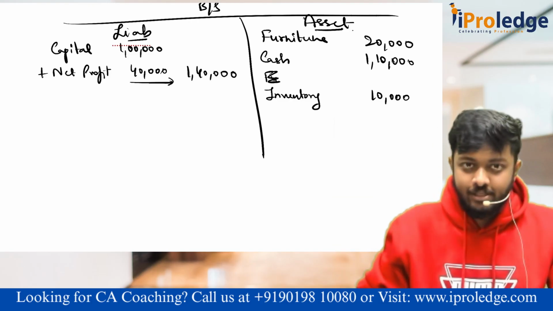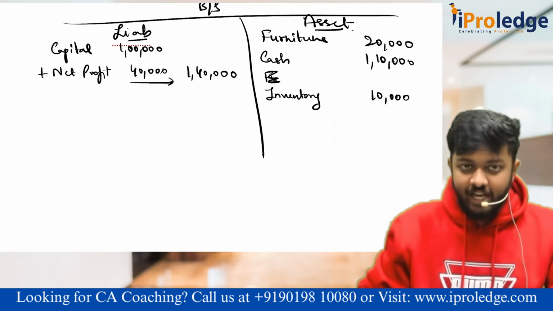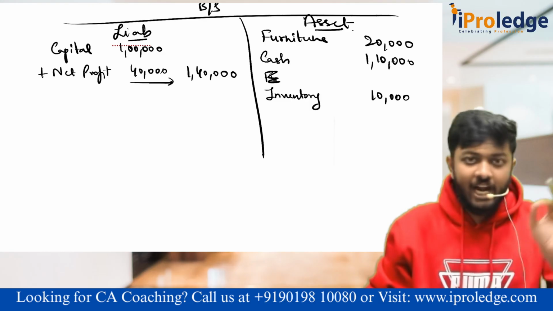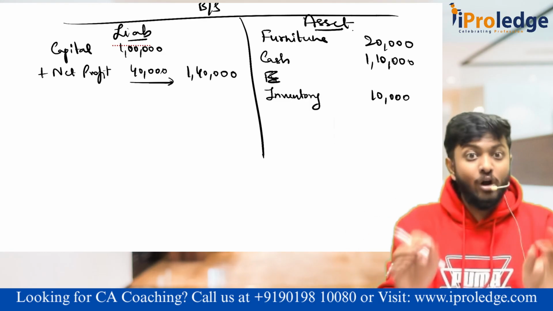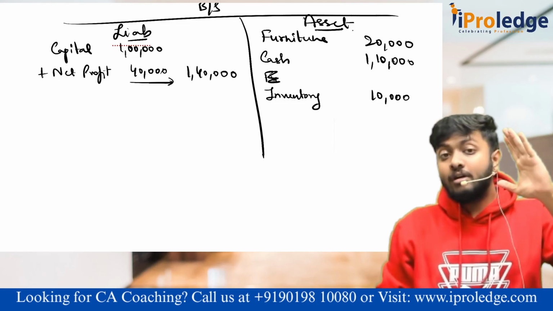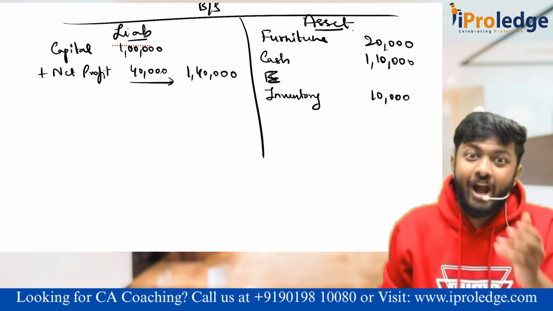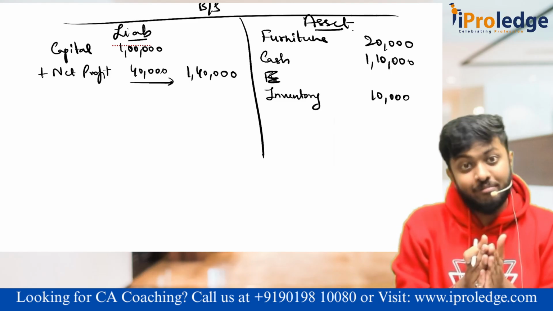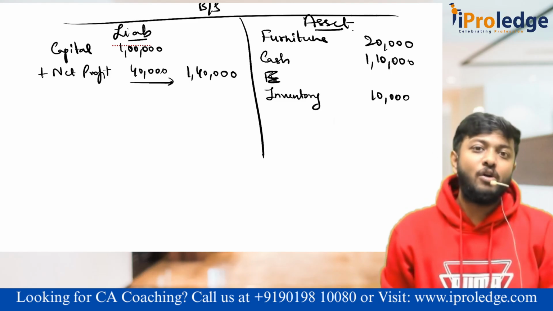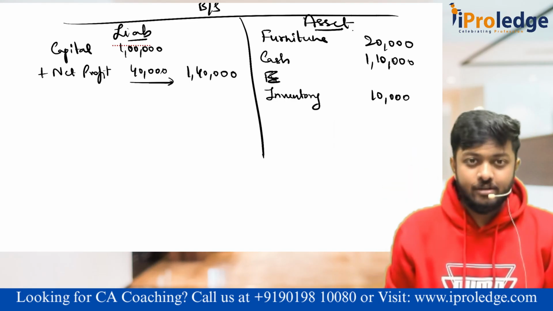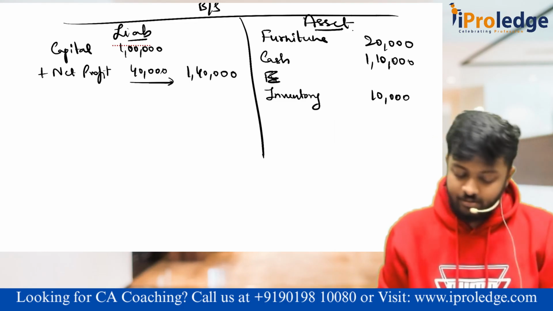Now the final item, have we done everything correctly? Yeah. Now to know that, again we have to add up our balance sheet, asset side and liability side. If both are matching, that means we have done our accounts correctly. Before adding it, please pray to God so that your balance sheet tallies. If it doesn't tally, no problem. Now add it.